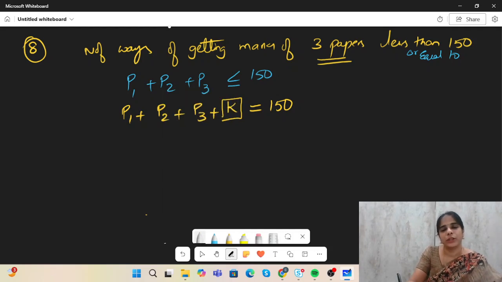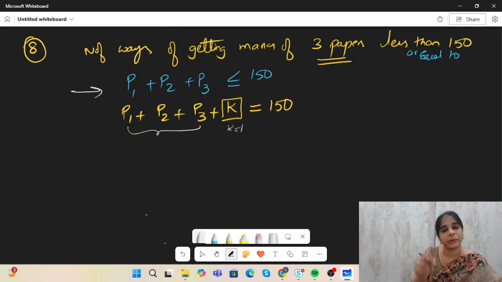If K equal to 1, let it be. Sum of all this is 150, so if K equal to 1, the sum of P1 plus P2 plus P3 is 149.